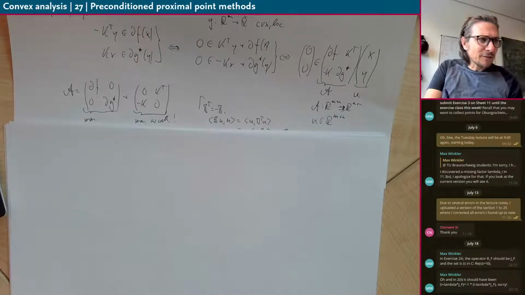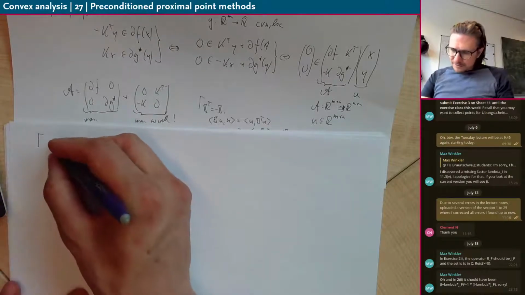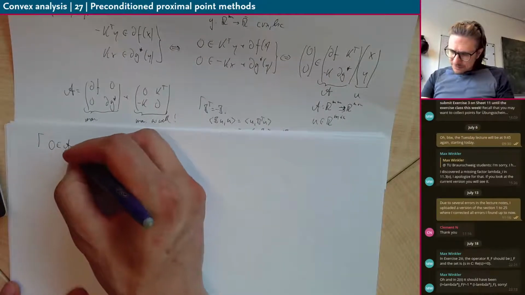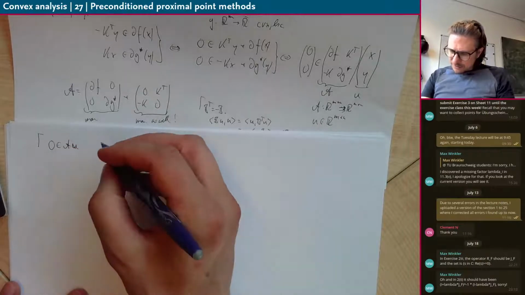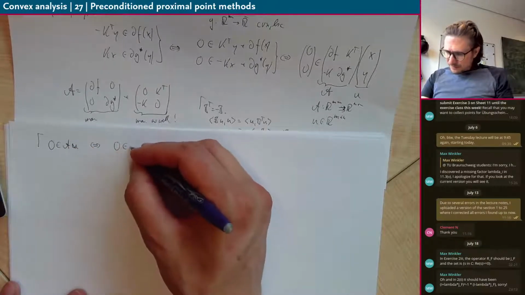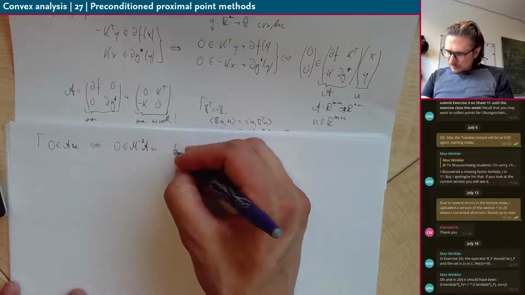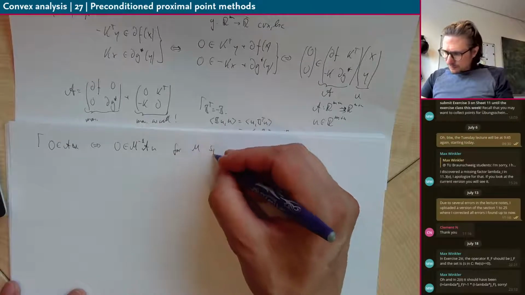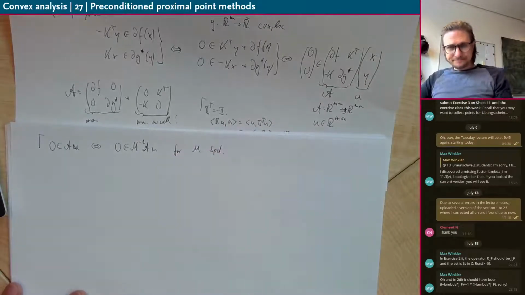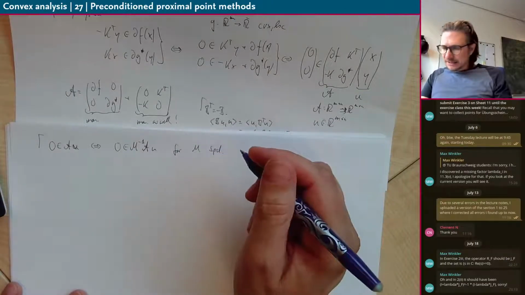The idea of preconditioning was, if you have this inclusion here, let's call it 0 in AU, this is fulfilled if and only if you have this here, for M symmetric positive definite.